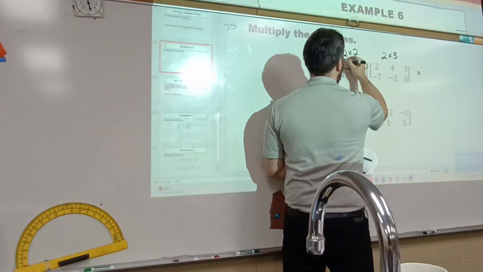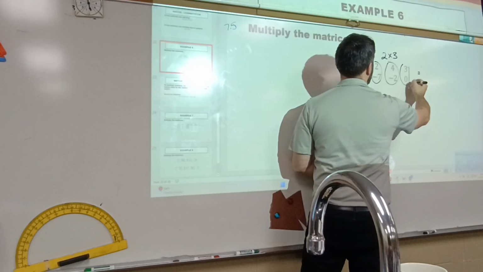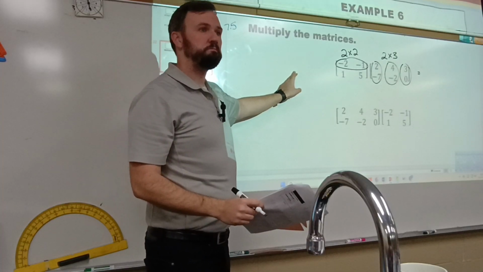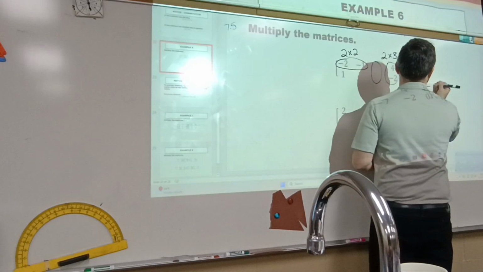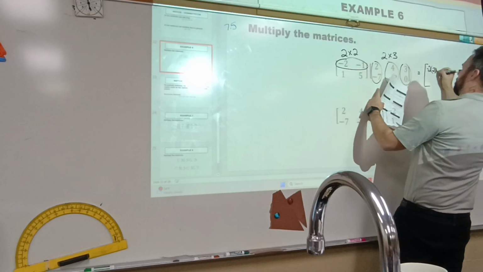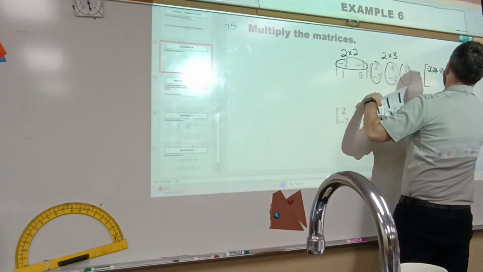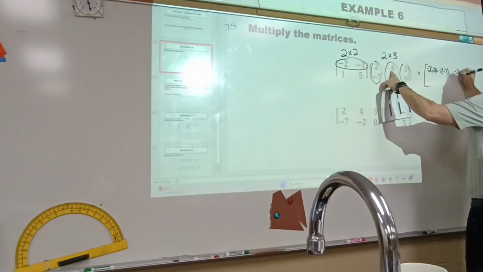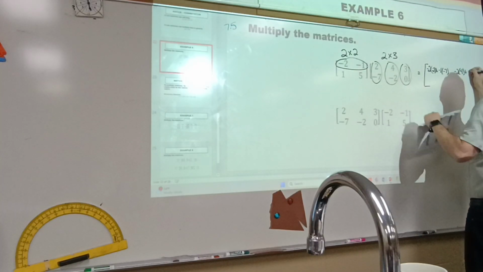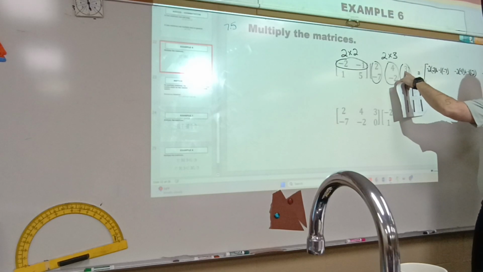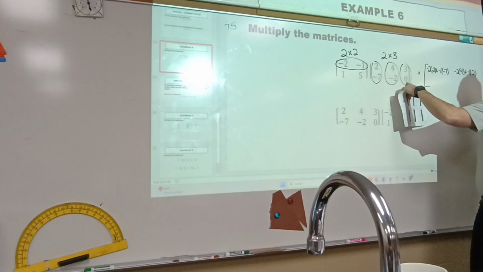So I'm taking my row times each column, right? Is there any reason I cannot take that row and multiply it by each column? What do you guys think? I'm going to do my -2 times 2 plus -1 times -7, right? -2 times 4 plus -1 times -2, -2 times 3 plus -1 times 0.